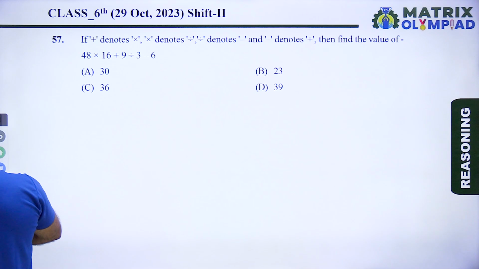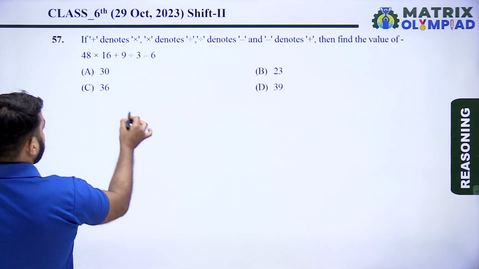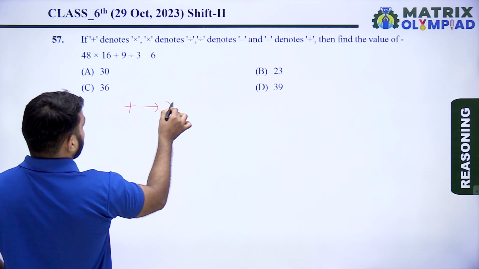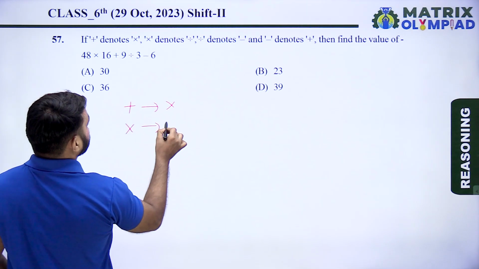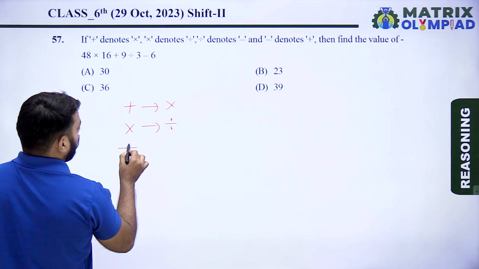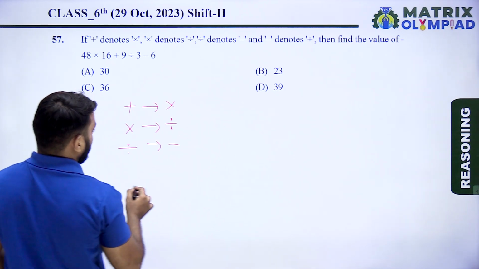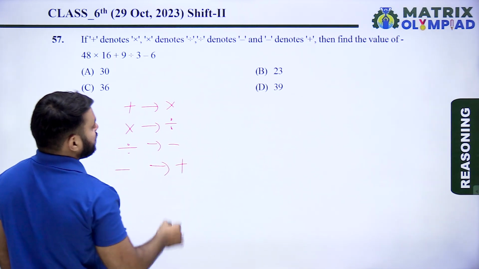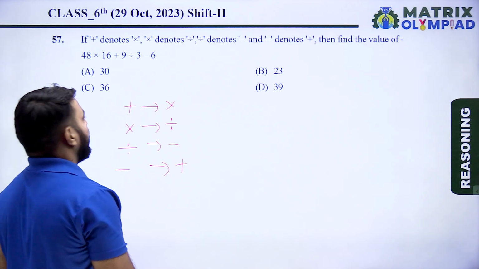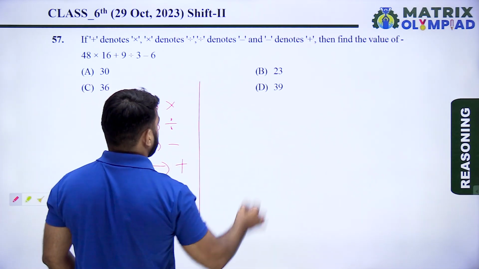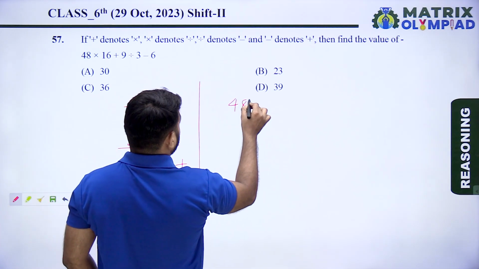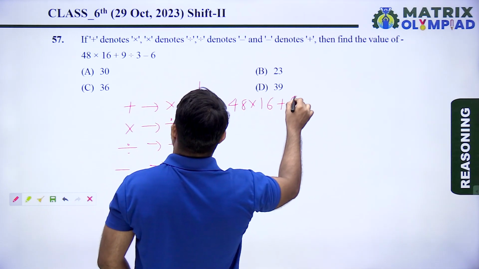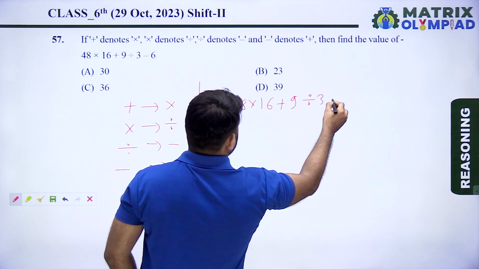So next question is question number 57. If plus denotes multiply, multiply denotes divide, divide denotes minus, and minus denotes plus, then find the value of the given expression. So the expression is 48 multiplied by 16 plus 9 divided by 3 minus 6.